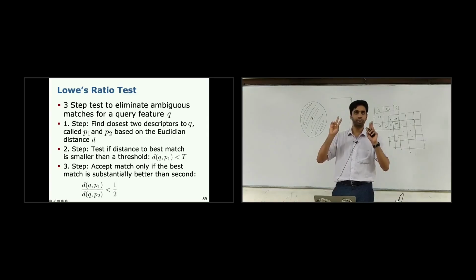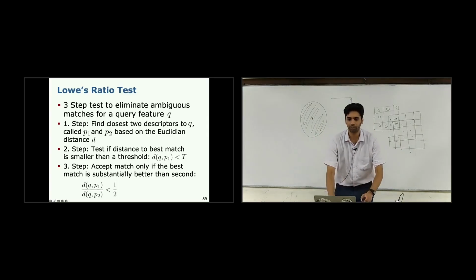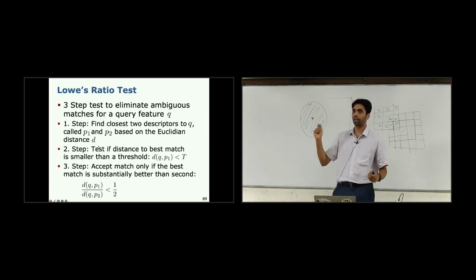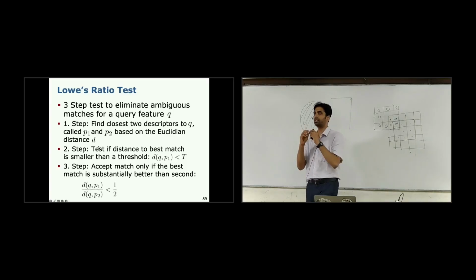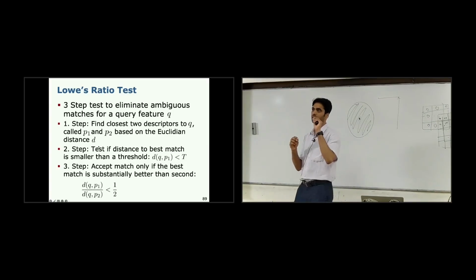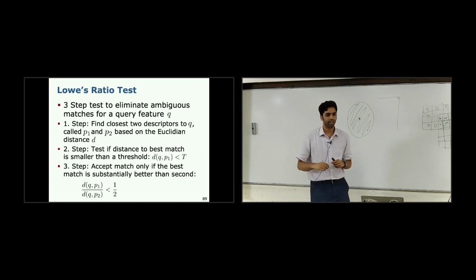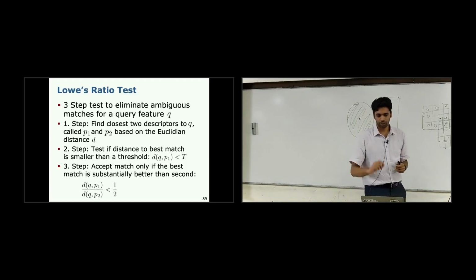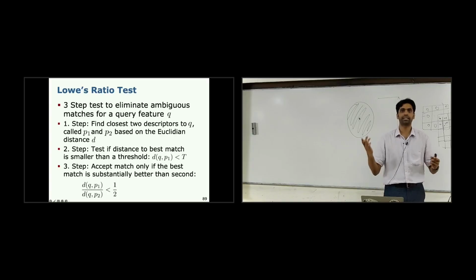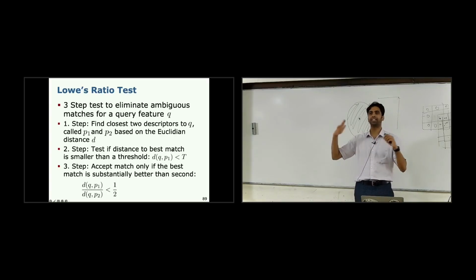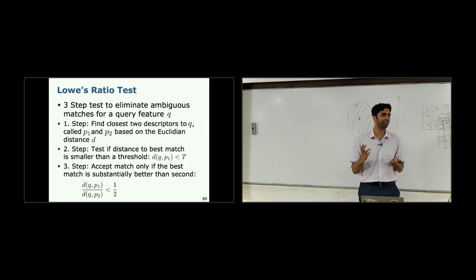Let's say you're confused between 2 other features, P1 and P2. So the first check is just the Euclidean distance. Compute the distance of your query feature Q to your 2 other features P1 and P2. That gives you the distance between those 2 features. Check if that distance is less than a value. So if the distance is more than a value, then it means those 2 descriptors are not very similar.